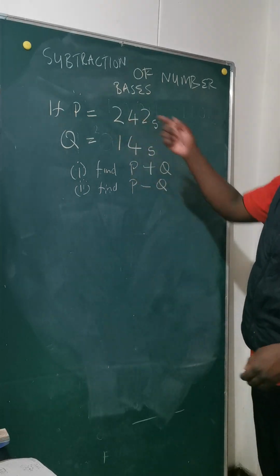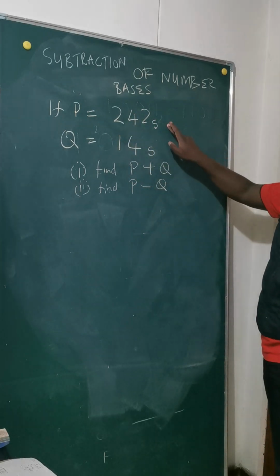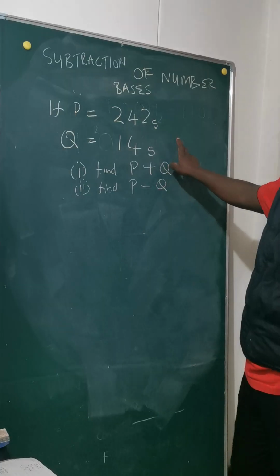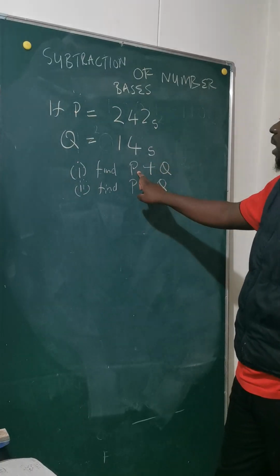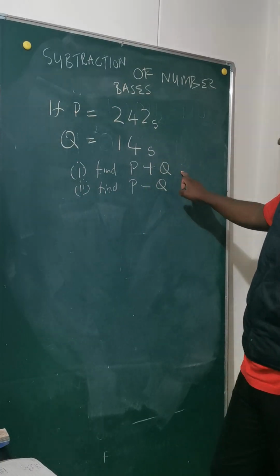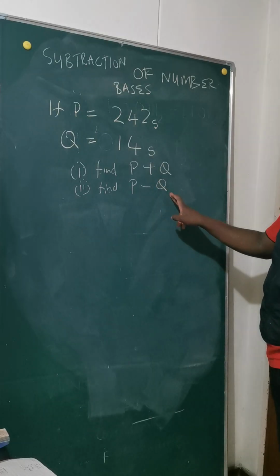So the question is saying if P is 2, 4, 2 in base 5, then Q is 1, 4 in base 5. Then it says find P plus Q. Then part B says find P minus Q.